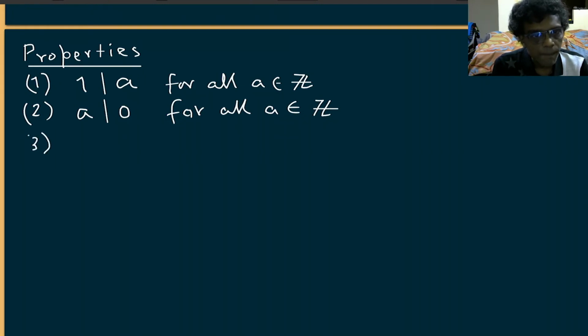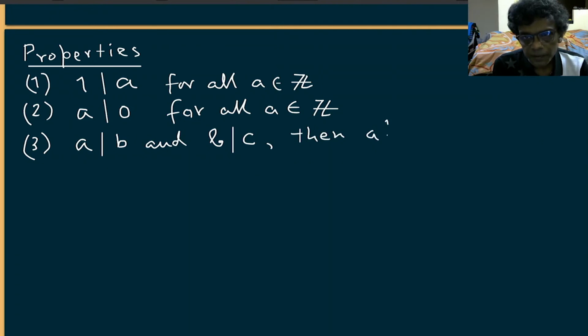Then, if we have 3 integers a, b and c, and if a divides b and b divides c, then a divides c. In other words, this divisibility is a transitive relation.